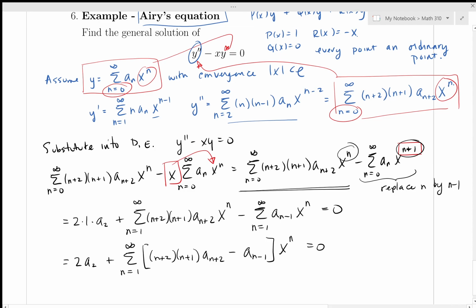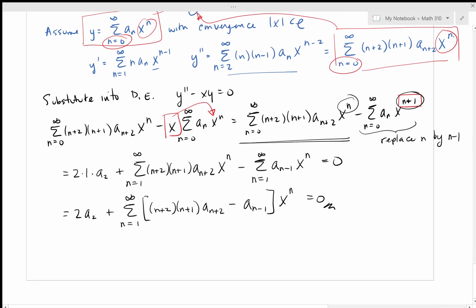It's equal to 0. All the coefficients have to be 0 on the left-hand side, since all the coefficients are 0 on the right-hand side. All the coefficients on the polynomial on the left-hand side have to be 0. Immediately that tells me that a2 has to be 0.